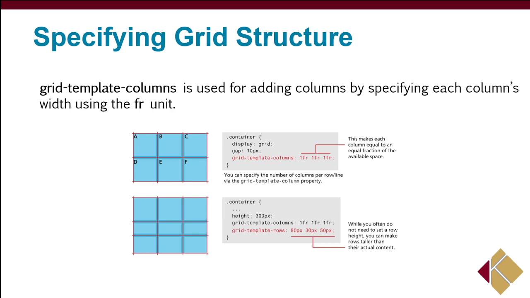You can do the same thing with rows. What they've done here is, instead of using fractions, they've set it explicitly in pixels. The grid template rows are set as 80 pixels high for the top one, 30 pixels for the second row down, and then 50 pixels. That's why they're different heights.